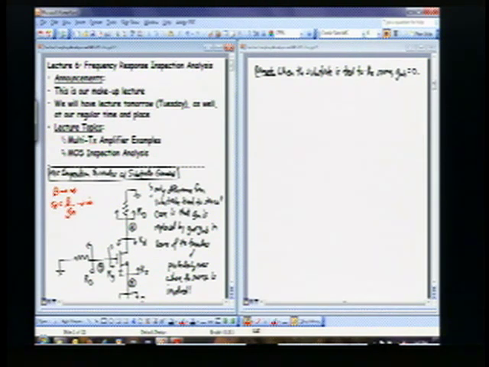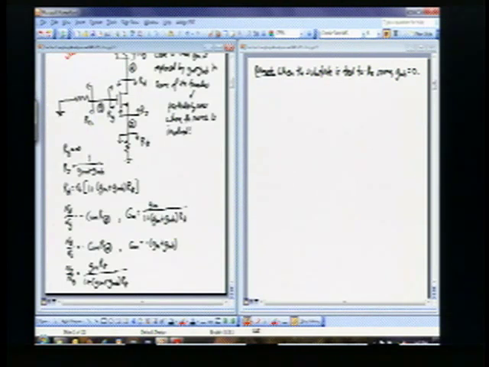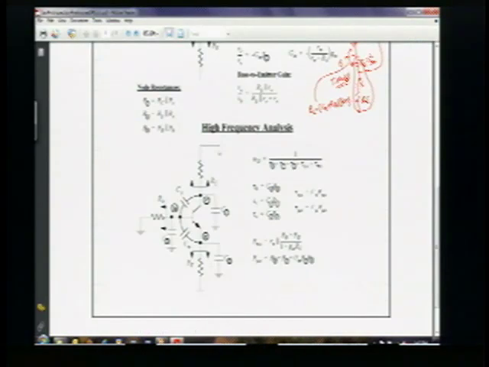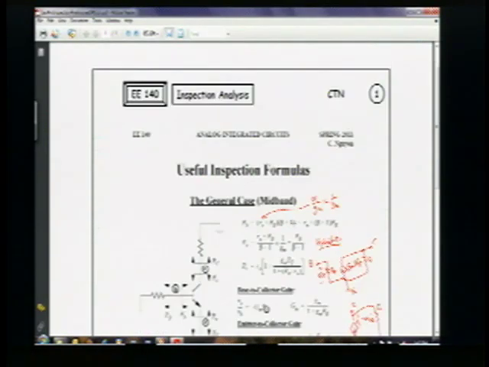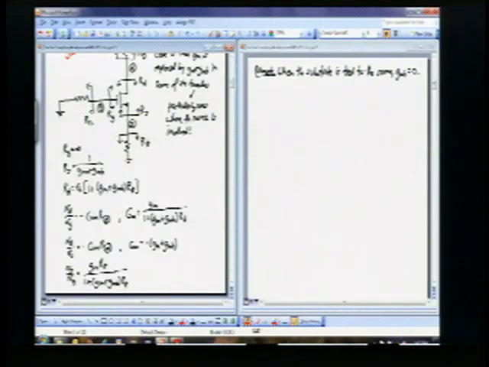These expressions that you see down here, which you also got last time, are exactly the same expressions you had on your inspection formula sheet, in the section for bipolar, except now we've massaged them into MOS-type equations by letting beta go to infinity and R pi go to infinity.